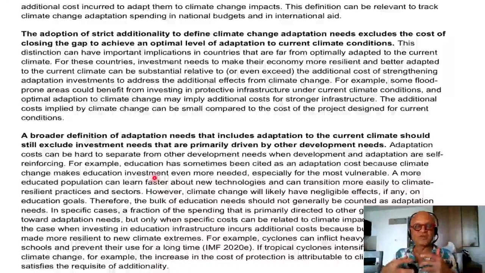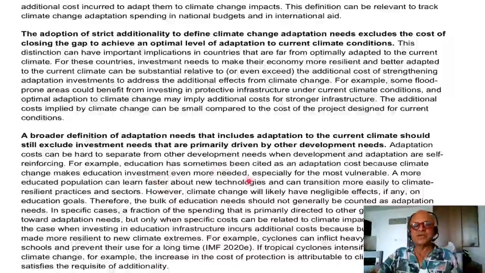Then you may have to include these. Primary needs may be driven by growing population, growing transportation, growing number of cars, etc. But then climate change adds something on top.